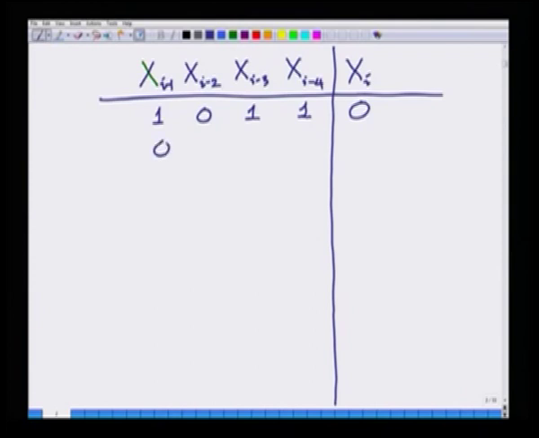The next state is 0, 1, 0, 1, xi is 1. The next state is 1, 0, 1, 0, and xi is 1. The next state is 1, 1, 0, 1, and xi is 1.